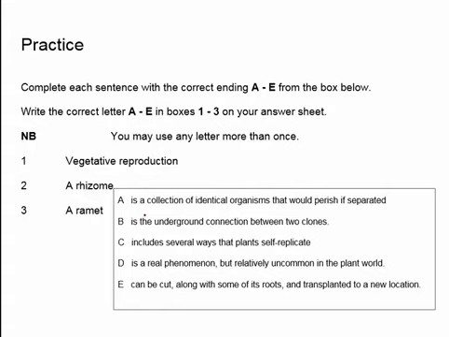Which one would be easiest to start with? So if we're using our strategy and we're remembering, okay, all the answers come in order, which one would you start with? Well, speaking for myself, I would definitely start with number 1.